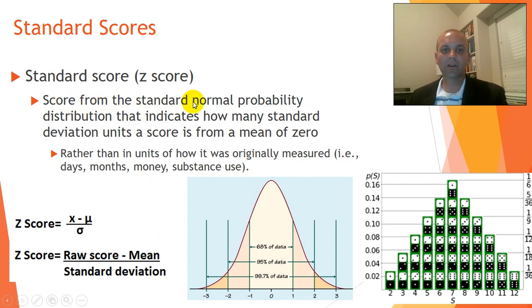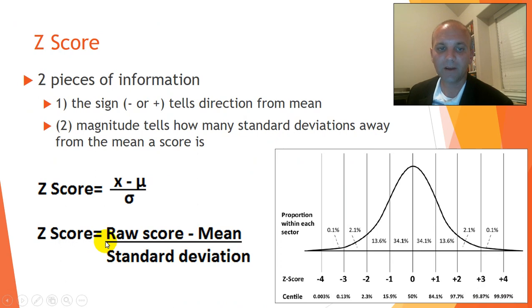So a standard score is a score from the standard normal probability distribution that indicates how many standard deviation units a score is from the mean of 0. Okay, so how far away a value is from 0, either in a plus or minus direction.